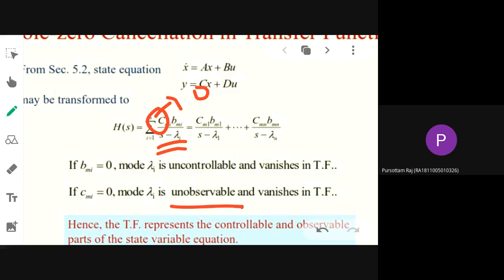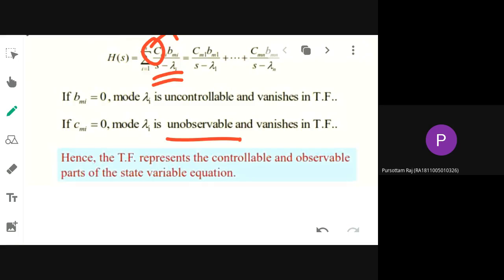So this is how the transfer function represents the controllable and observable parts of the state variable equation. Just by assuming what values Bm and Cm take, you will be able to tell whether the system is controllable or observable from the transfer function. That is what they are trying to tell by this statement.